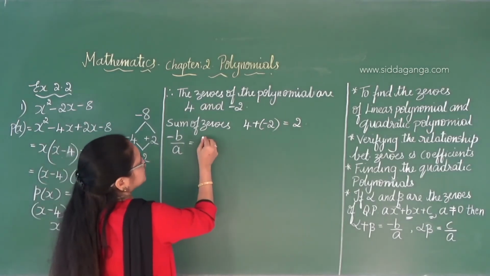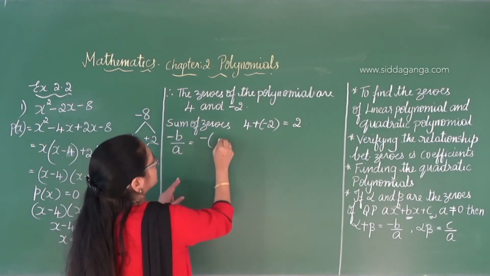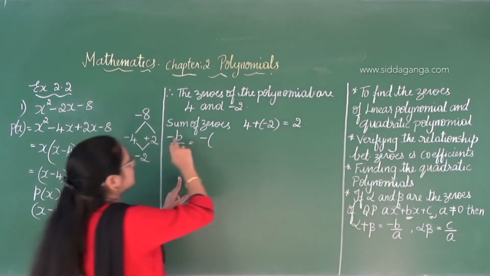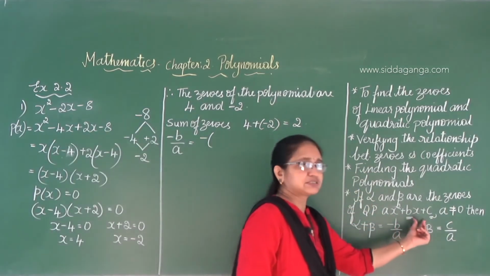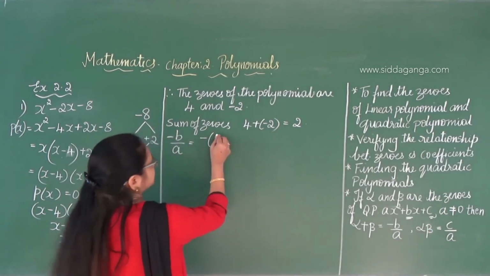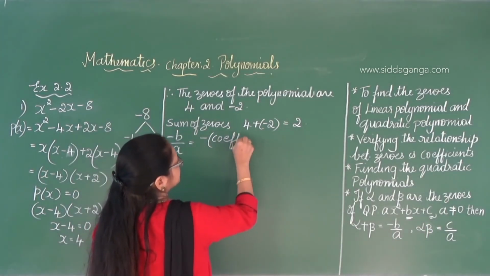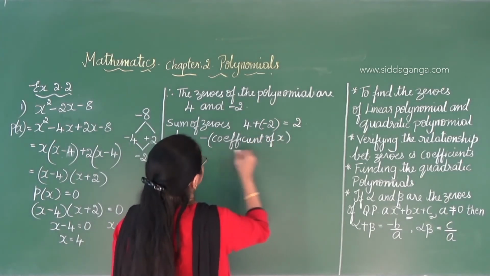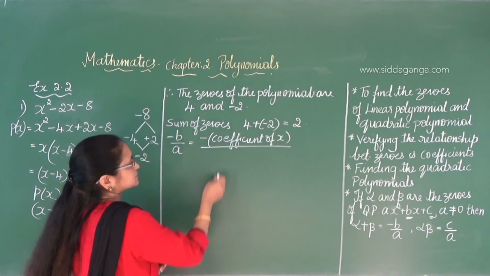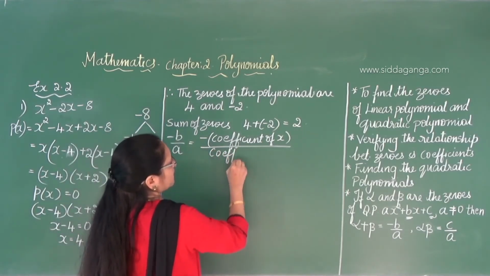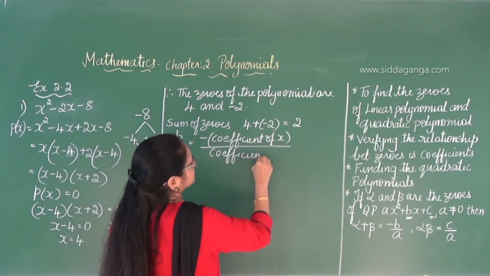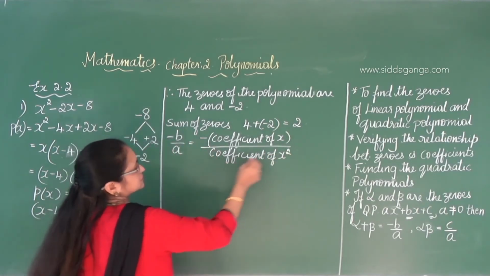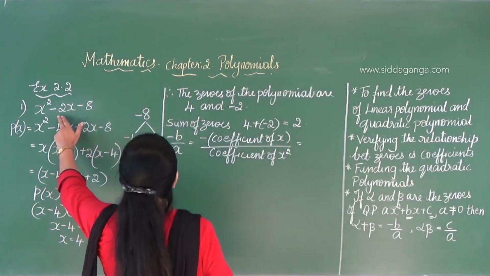Minus b by a means here minus of b is what? See, just compare it with the general form, that is coefficient of x divided by a, which means coefficient of x square. So here, compare this with the general form.